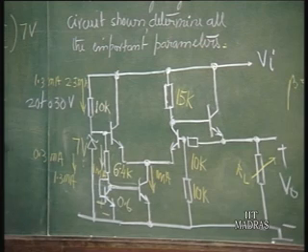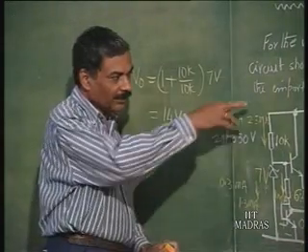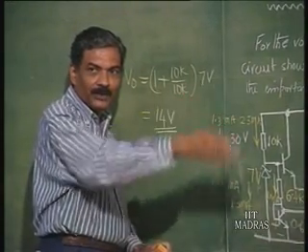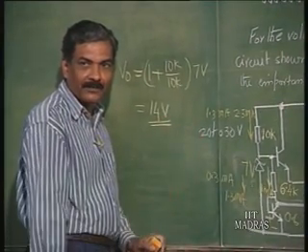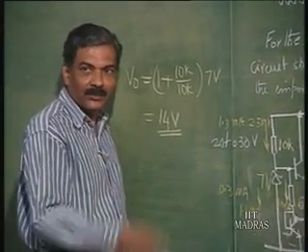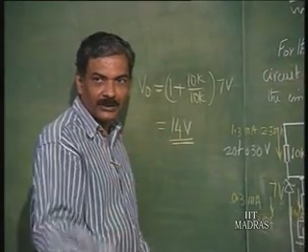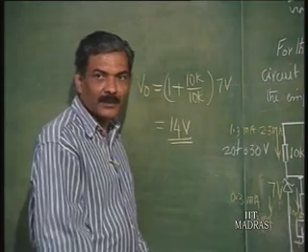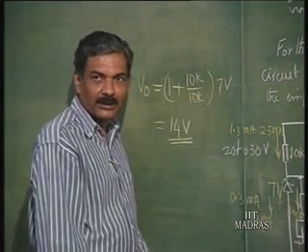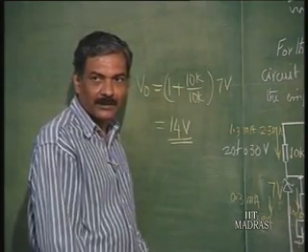So, that is what is called line regulation, right. So, as Vi is changing, output voltage is changing. So, you can therefore find out the line regulation factor as 14.2 minus 14, okay, divided by 14, expressed as a percentage. So, that is the line regulation factor for this circuit.